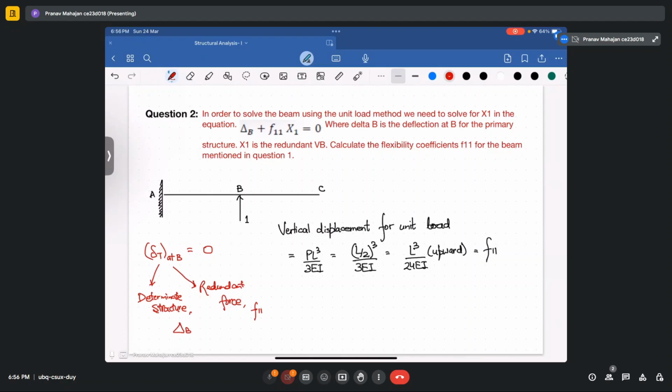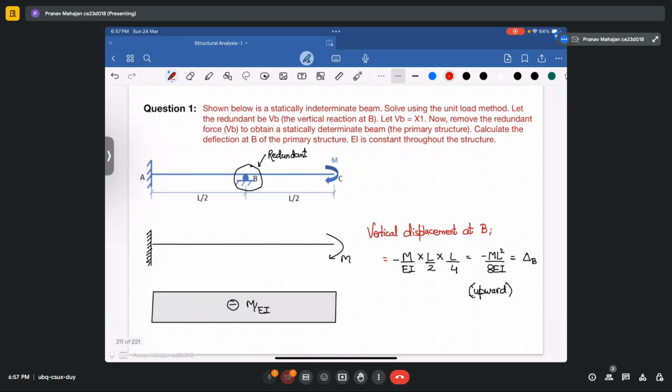When you multiply it by the total force, you will get the deflection due to the total redundant force that is applied. So this whole equation should be equal to 0. That's why delta B plus F11 into H1 is equal to 0. This is the whole concept behind this consistency equation. Okay.